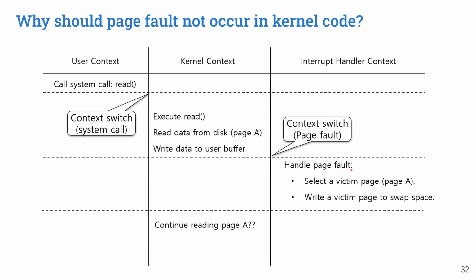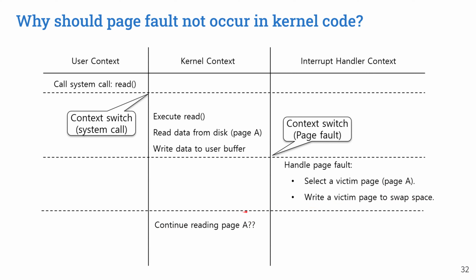To handle the page fault, let's say there is no available physical page, so it will select a victim page. Let's assume that page A, on which the kernel is already working, is selected as the victim. The kernel will write the victim page to the swap space, and then it returns from the interrupt handler.